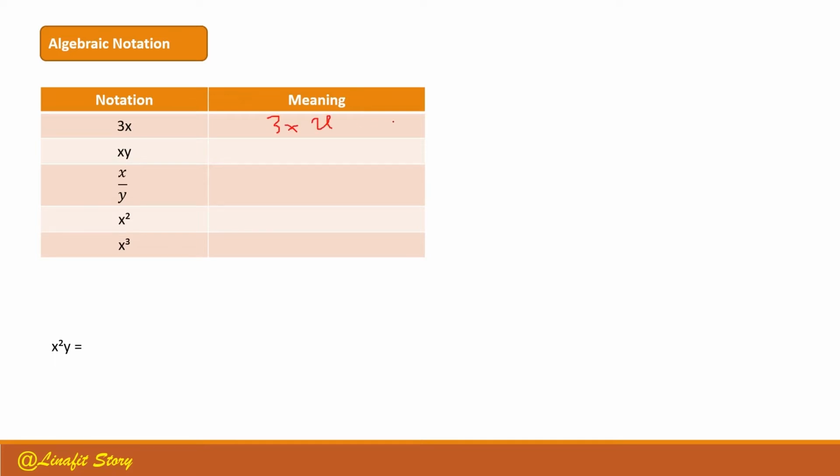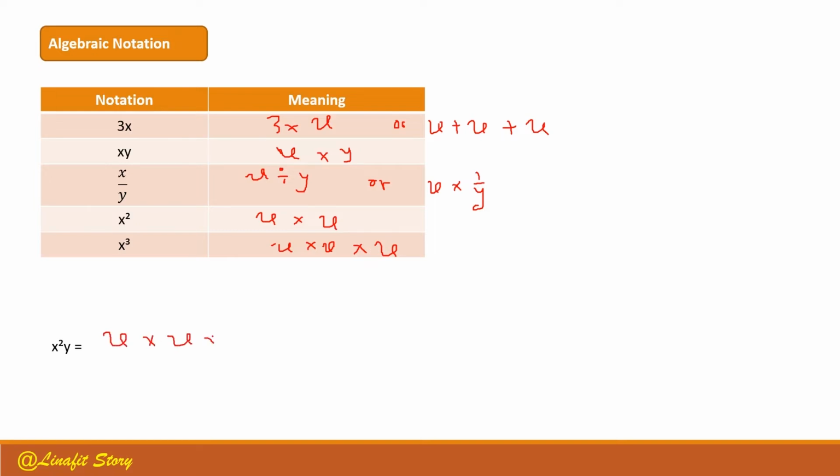Or there are 3 x's, x plus x plus x. xy means x times y. x out of y means x divided by y, or x times 1 out of y. x squared means x times x. x cubed, x times x times x. x squared y, x times x times y.